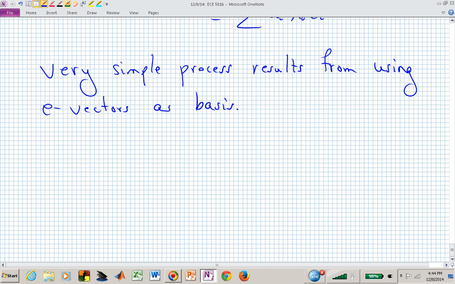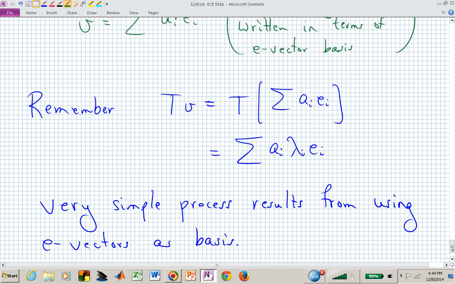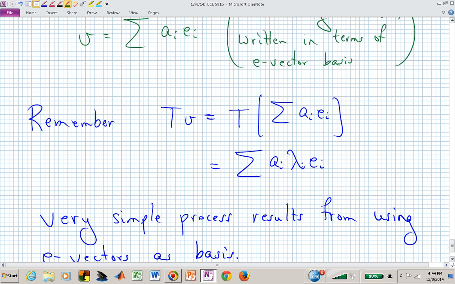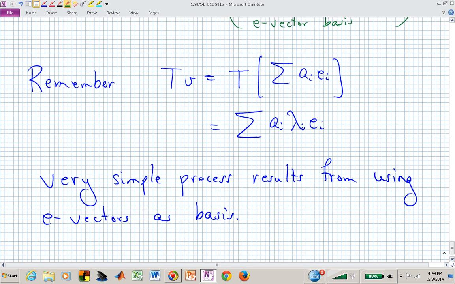Now, as a review for the final, how did we find these a sub i's relative to a vector v? If we want to decompose v, a generic vector, into its decomposition written as some linear combination of these eigenvectors, how did we find these coefficients that scaled these eigenvectors?